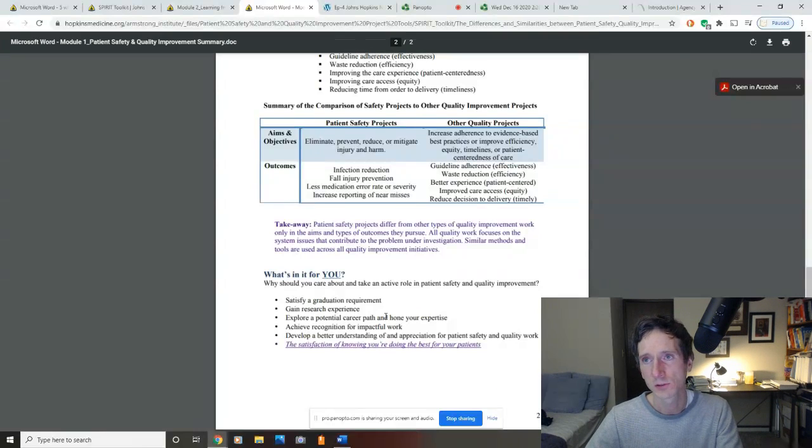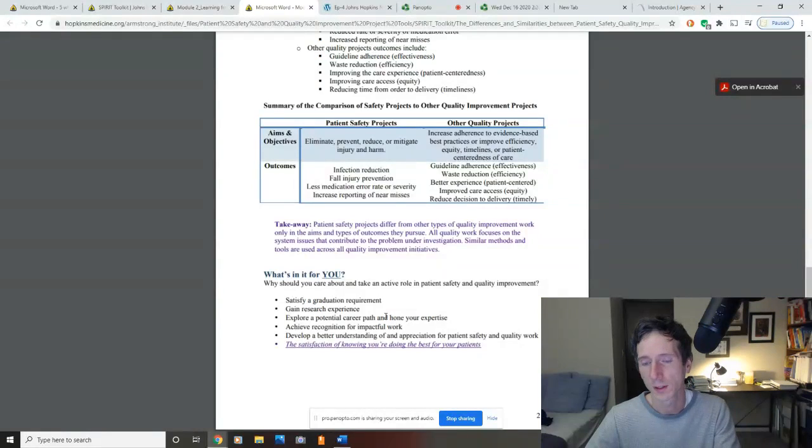For some of us, it could be just to satisfy a grad requirement, totally understandable, a school project, I get that. Some of us want to gain research experience, which is awesome. That's incredibly important in elevating the nurse profession. Some of us see this as a potential career pathway and want to get better and become more skilled at it, which we all will do in this committee.